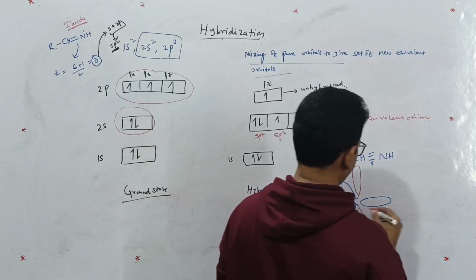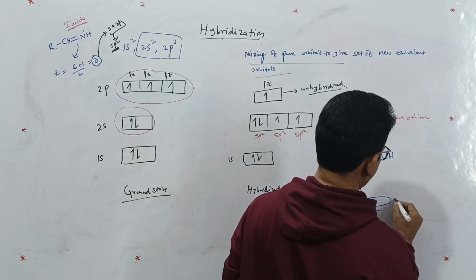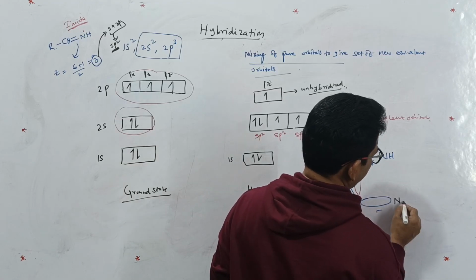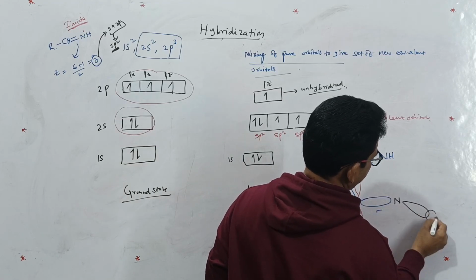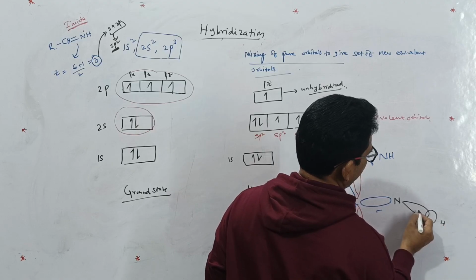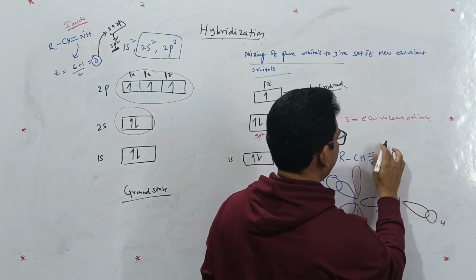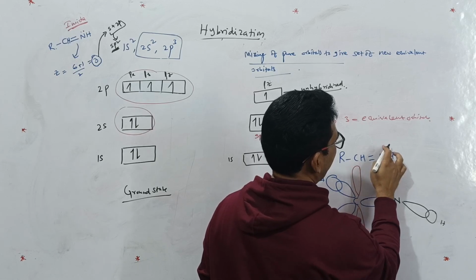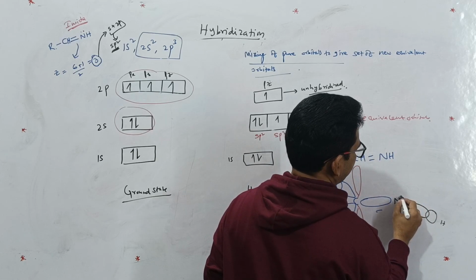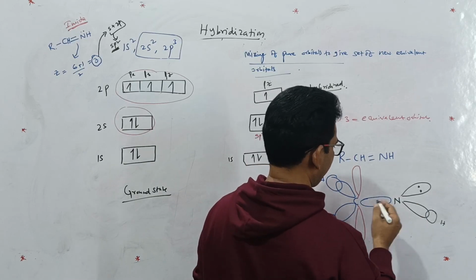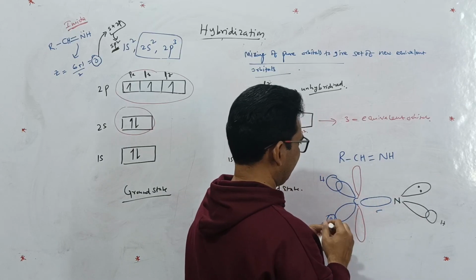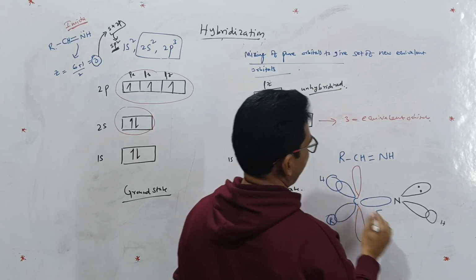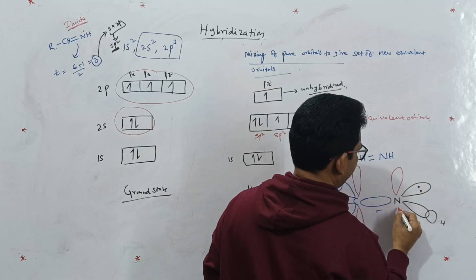Now you can see the nitrogen here. How many hydrogens will it have? Only one. Then another one, an extra pair of electrons, this one. Now this one also has 1 pi bond, meaning one unhybridized p orbital. I will write here unhybridized.